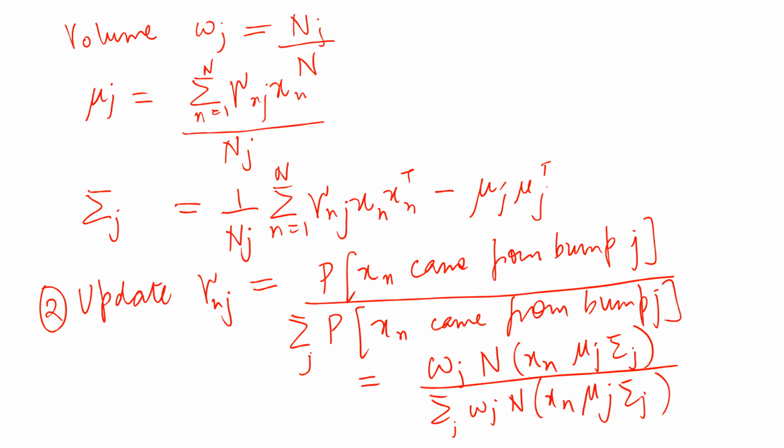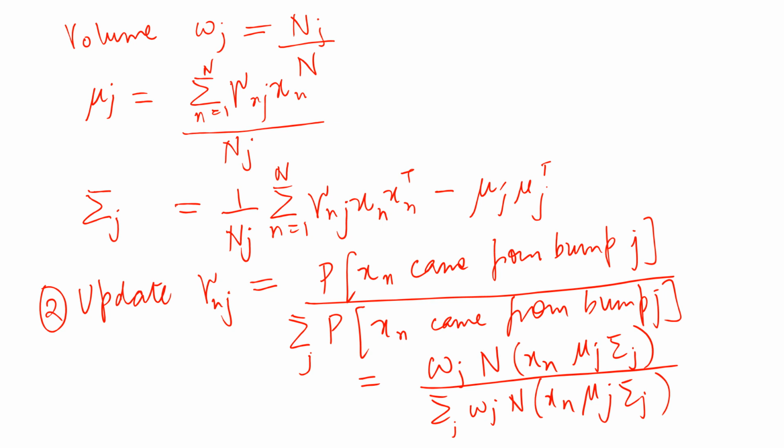And this N, which we've talked about before, is the probability to generate that data point given some bump center, given some shape. And the denominator is nothing but summing up the terms to get the entire probability density over all the bumps. We're not calling them curves anymore, so let's call them bumps.